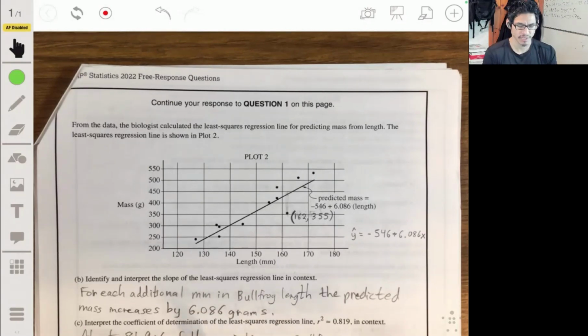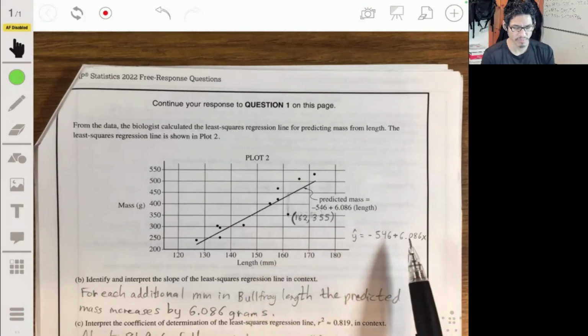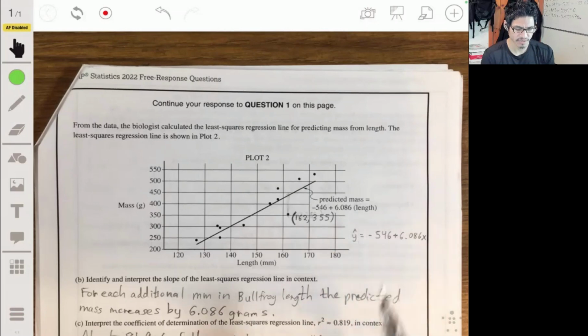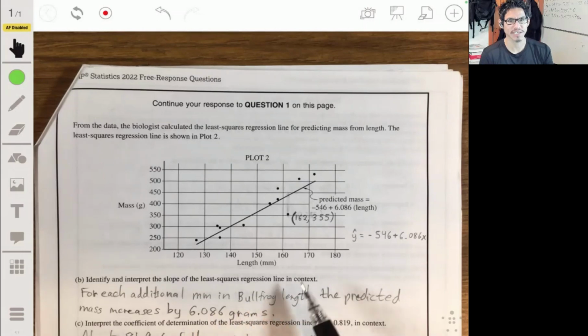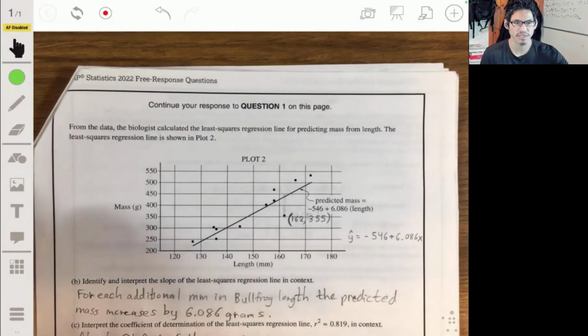So each time the x variable goes up by 1 millimeter, in this case the length, the mass is going to go up by about 6.086 grams. When they say in context, make sure you mention the length and the mass. That's usually what they mean by context.